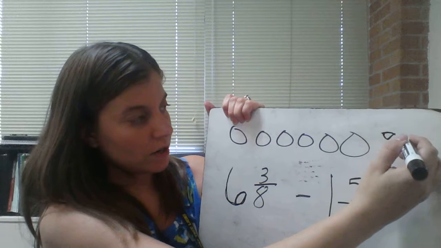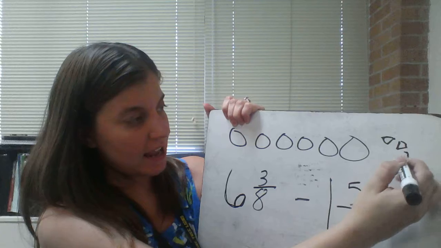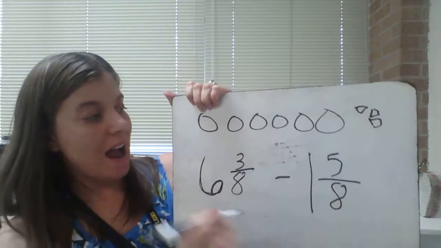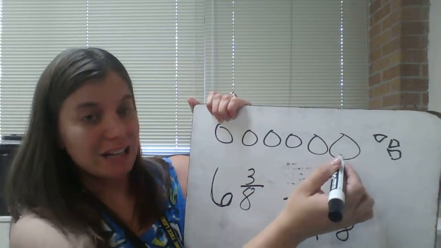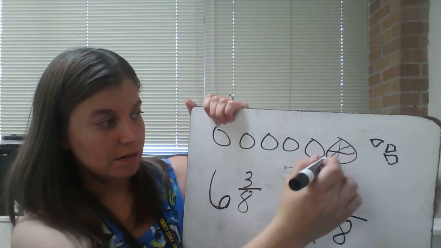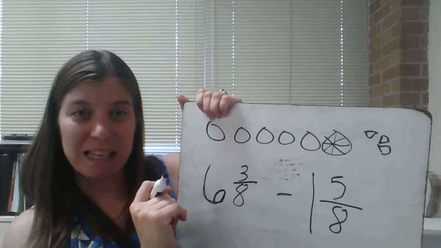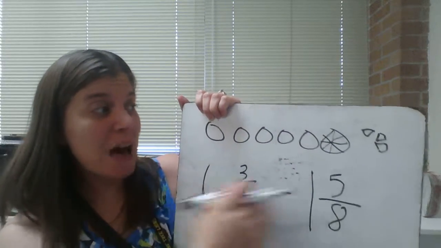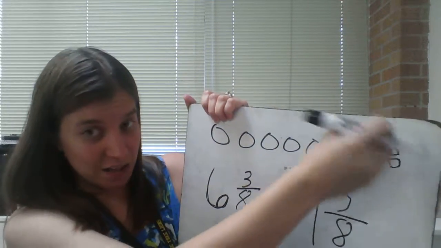Okay, so here's 3 slices of pizza that are in 1/8 size. Now, I have to take 5/8 away, but the problem is I only have 3. So I need to break this pizza apart into 8s. I pull it apart, like at Casey's when they put the pizzas on those little paper trays and they sell them, okay? So now you have all of these 8 broken apart, plus these 3.